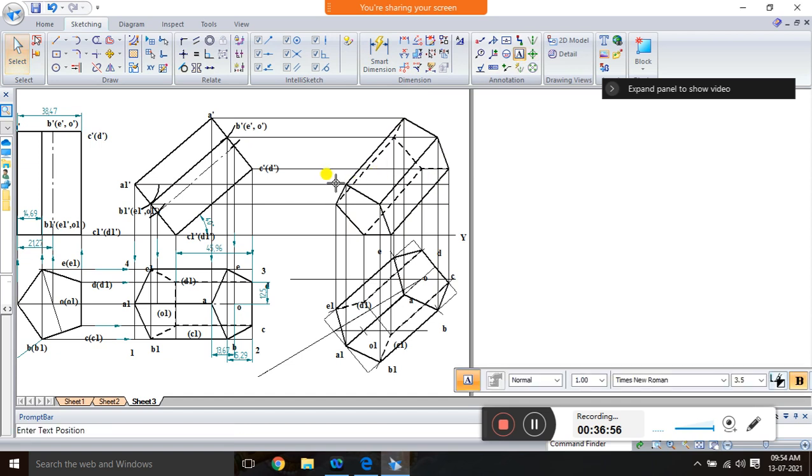And after that, you have to name this as A1 dash, and this is B1 dash, C1 dash, D1 dash, and E1 dash, and this is A dash, so B dash, C dash, D dash in bracket, and this one is E dash.